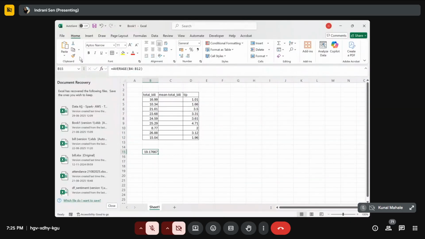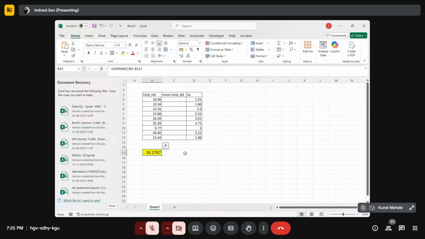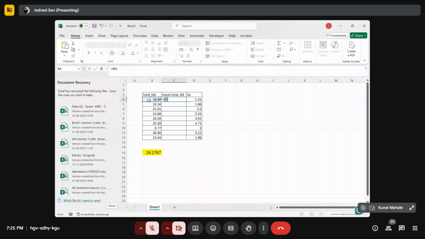So this is the average. And here I am just subtracting this from the average. Okay, so this will give me the mean deviation.